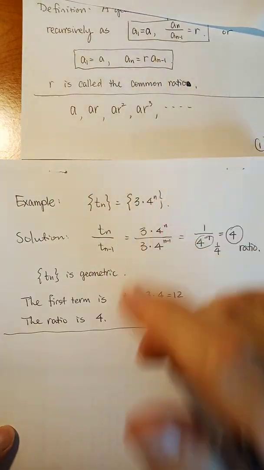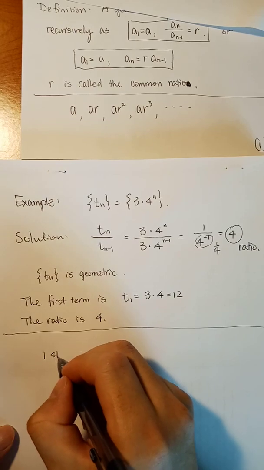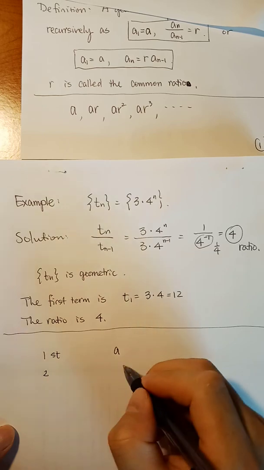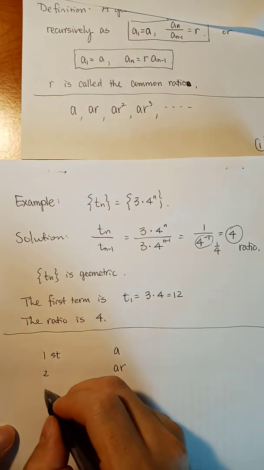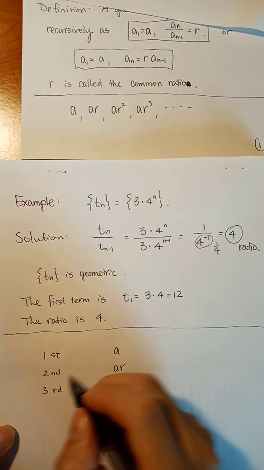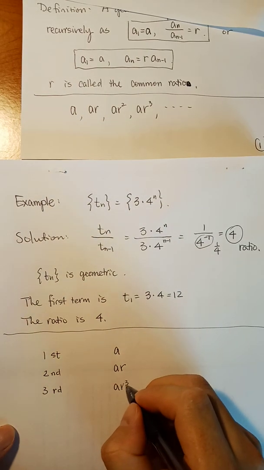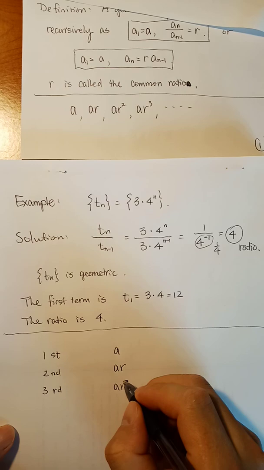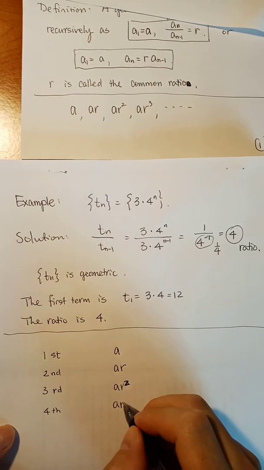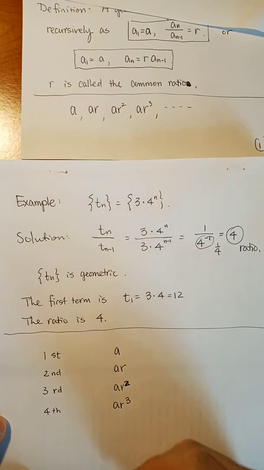We had this sequence. So the first term, let's see the pattern. First term, A. Second term, AR. Third term, AR squared. Fourth term, AR cubed.